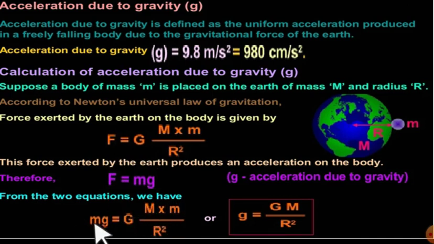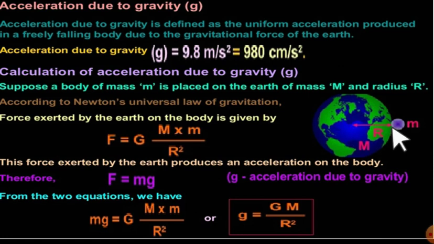Small m is the mass of the object, capital M is the mass of the earth, and as the object is placed above the surface of the earth, the distance between the two objects will be treated as the radius of the earth, okay? As it is a small mass, the radius of this small spherical mass will be very negligible, and it can be taken simply as capital R as the distance between the two objects, earth and the object, okay?